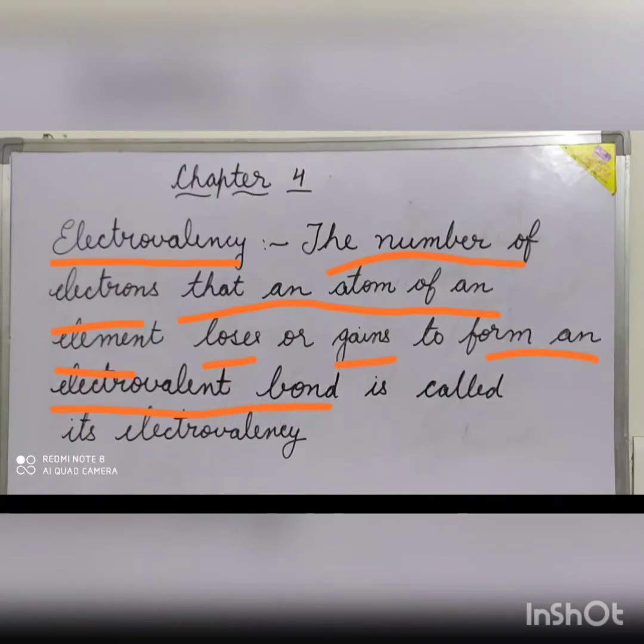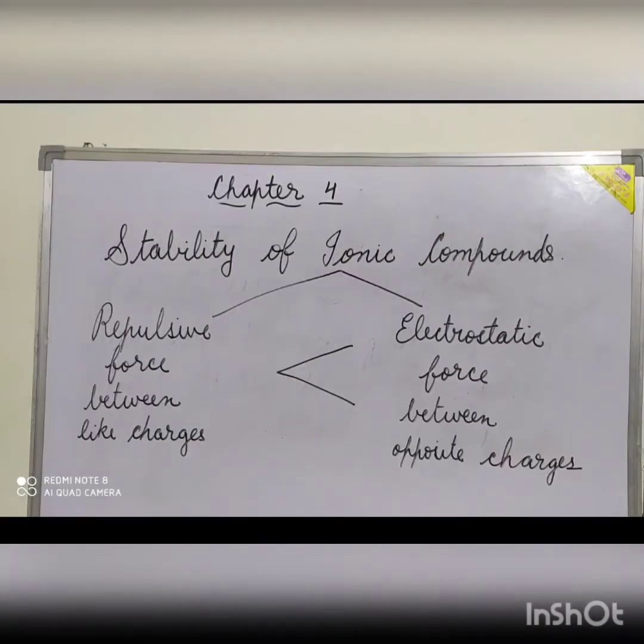Bonds formed between metals and non-metals are ionic or electrovalent. Why are the ionic compounds stable? Ionic compounds are formed by ions, but there exists a repulsive force between the like charges.